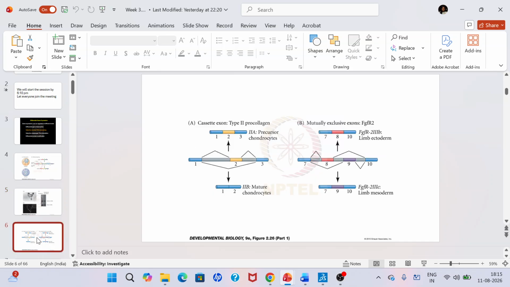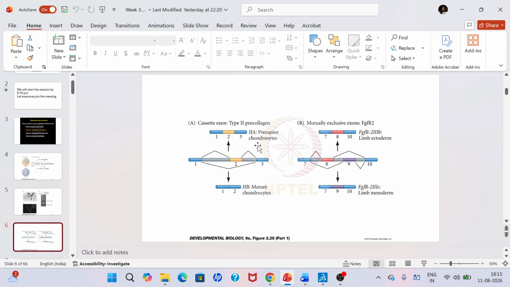Another example is the cassette exon and mutually exclusive exons. This is an example of type 2 pro-collagen and FGFR2. This is some kind of a transcription factor. Again, there are 3 exons here, but only 2 are included in mature chondrocytes, and in the precursor chondrocytes all 3 were included.